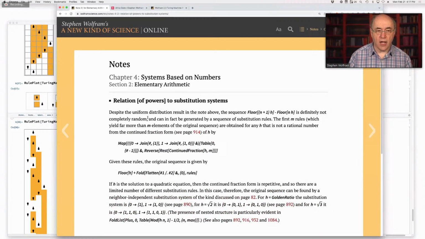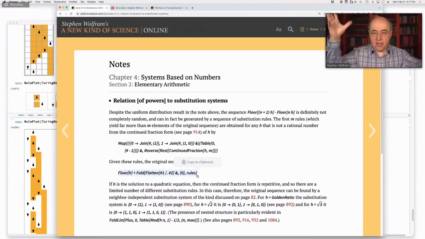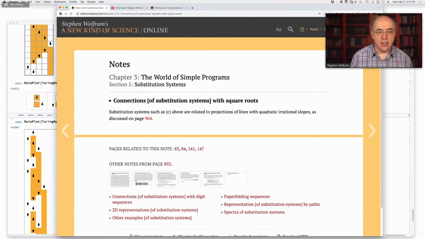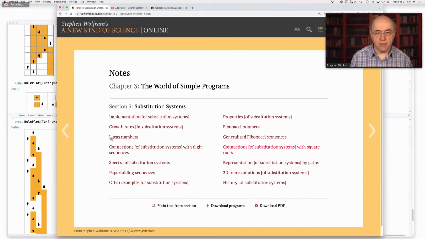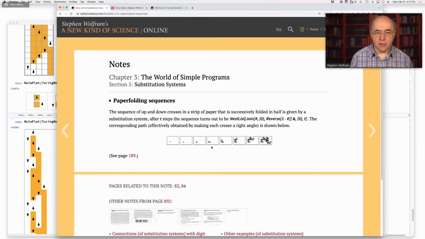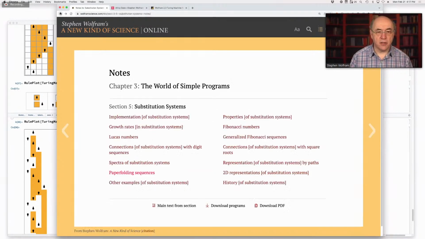This is something where when you have a line at a square root angle and you imagine drawing that on a raster display, which just has a fixed grid of cells, the question of where you actually draw black cells is determined by one of these substitution systems. There's also a relationship to paper folding and dragon sequences and so on. You can think about these substitution systems as corresponding to paper folding processes.